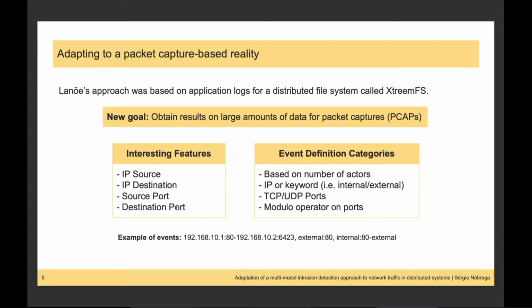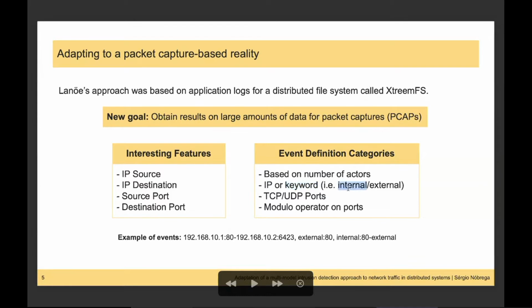That's what was important for us, to keep these basic notions. And for the event definitions, we based it on 4 main categories. So the number of actors. Are we considering only the source or the destination, or are we considering both? We decided to also go with using the IP or only a keyword.